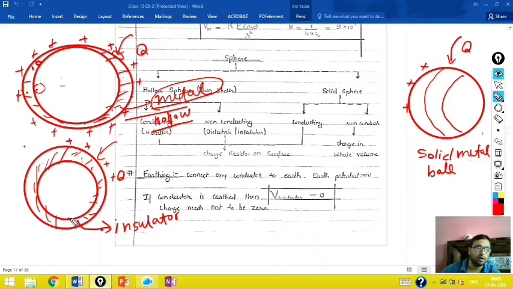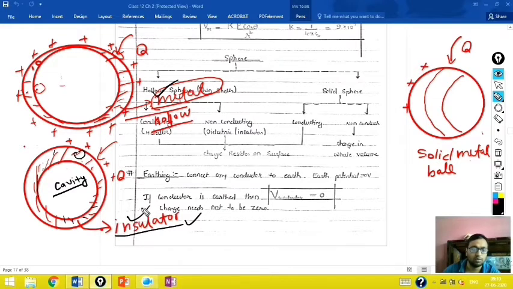Okay, next you can see the example I have taken, that is again a hollow sphere. As you can see here, we have nothing but a cavity, means empty space, and this is the material. Not a circle, this is a sphere, but a hollow sphere. But this time, instead of metal, we have taken some material which is called an insulator or dielectric material.